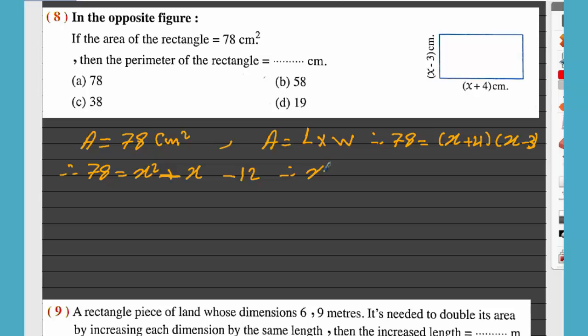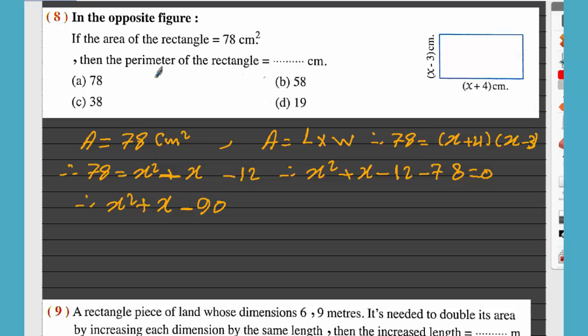So x squared plus x minus 12 minus 78 equals 0. It means x squared plus x minus 12 plus negative 78 equals negative 90.